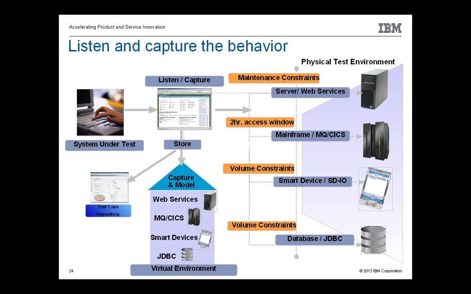So that's a real simple way to do it: turn on a recorder, capture the request and the response, and modify it, enhance it to truly emulate the behavior. The other option is you can take the contract, the messaging contract or design specification, such as a web service.